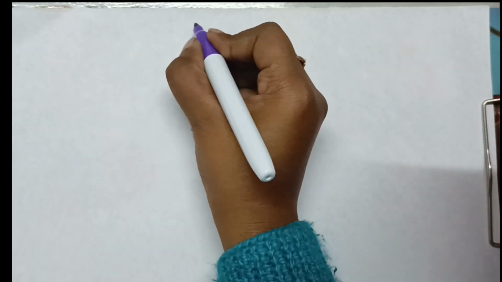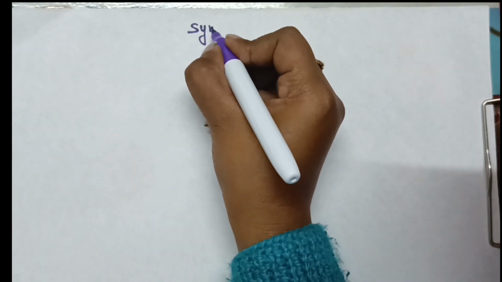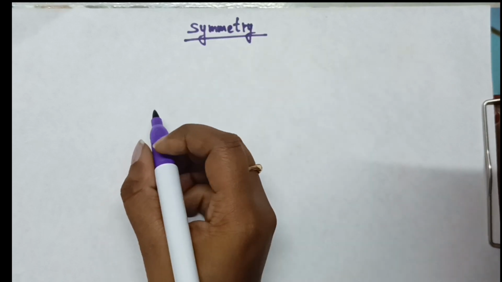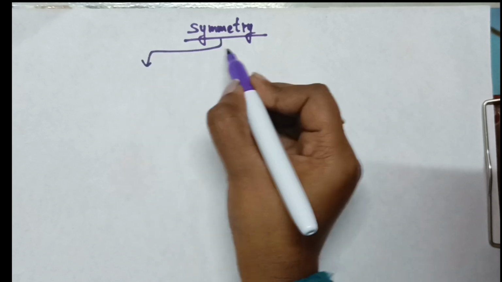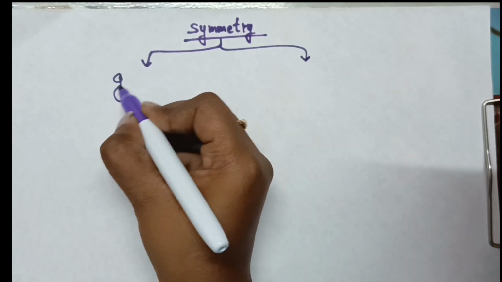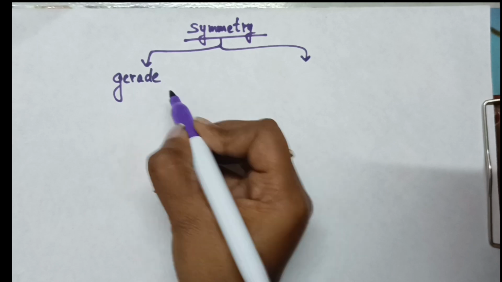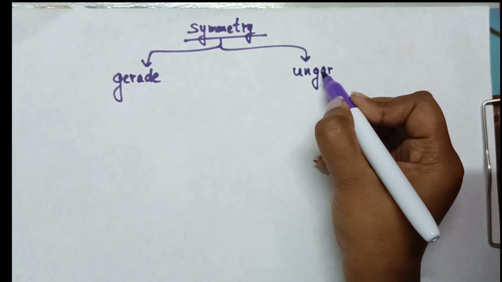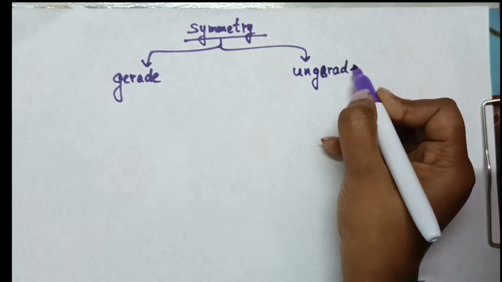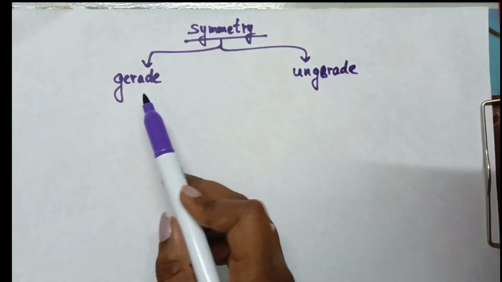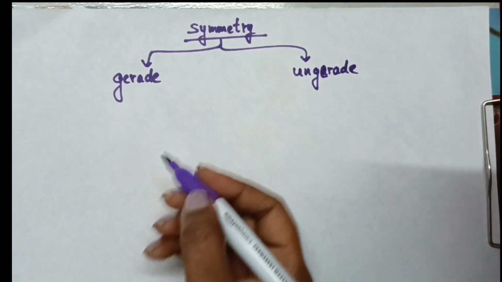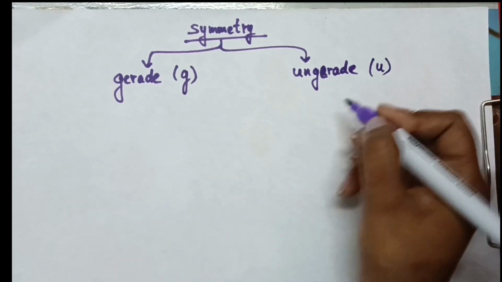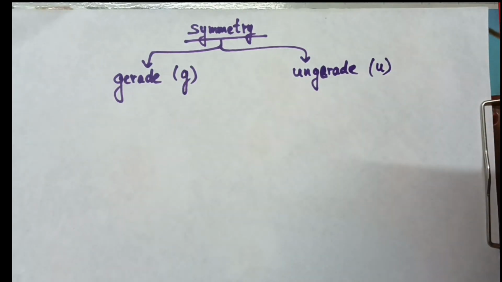So if we are talking about symmetry, it could be gerade or it could be ungerade. People might call it gerard or ungerard, or gerade or ungerade. We represent it as g and u: g for gerade and u for ungerade.